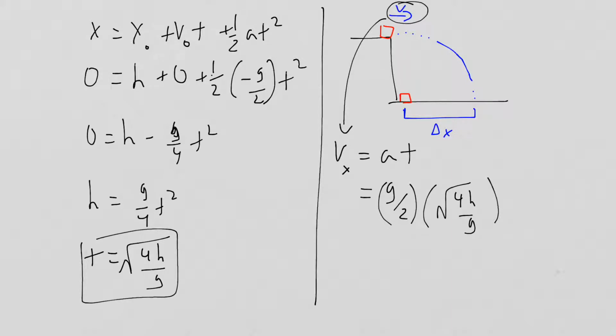Right? Those are results from A and B, whatever we got there. So we know the square root of 4 is 2, so we have 2 divided by 2. Those cancel. We have g divided by the square root of g, which leaves us with the square root of g. And so our answer is the square root of gh. Right? That's the horizontal initial velocity.